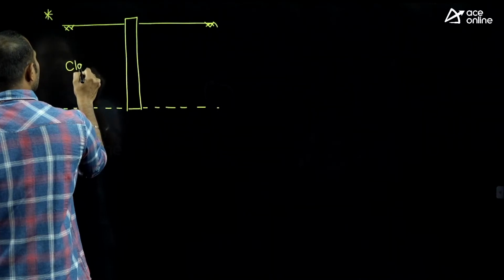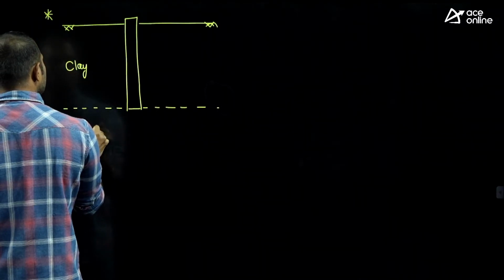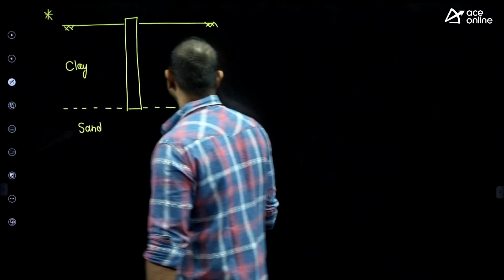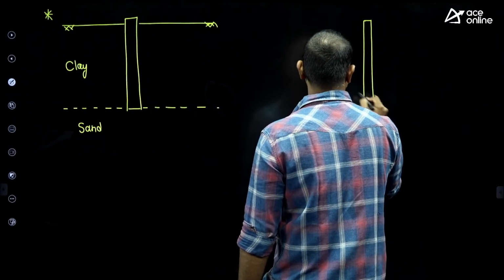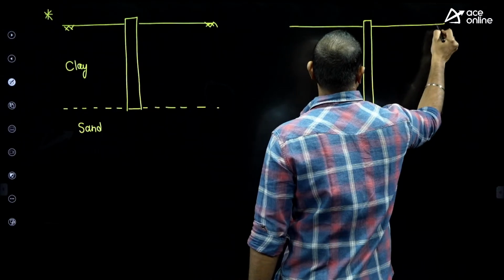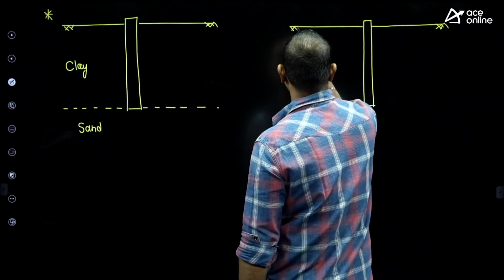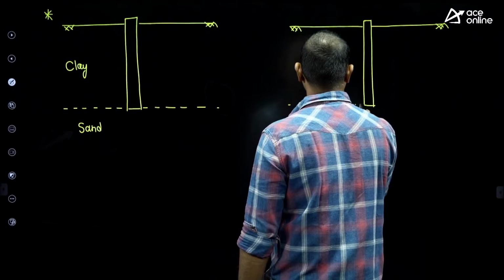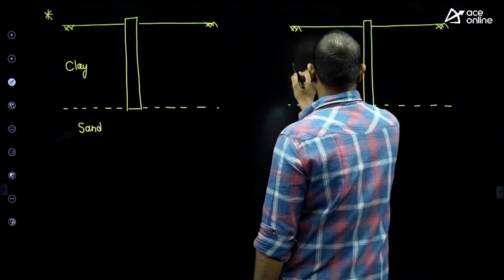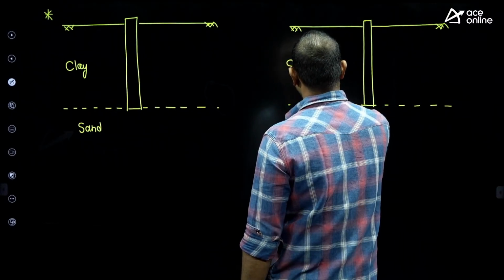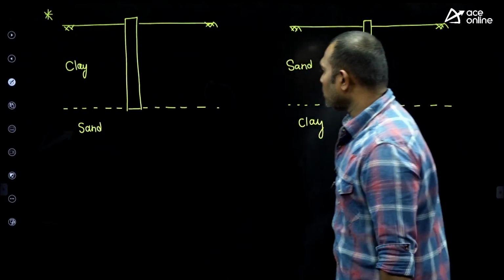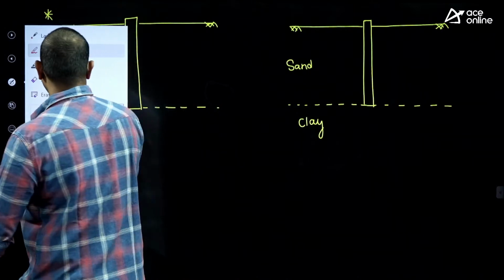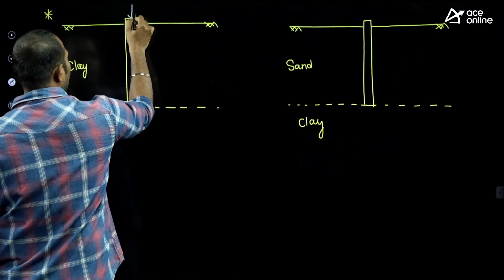Above it is a clay and below it is a sand. And if I give you another condition, above it is a sand and below it is a clay, right?